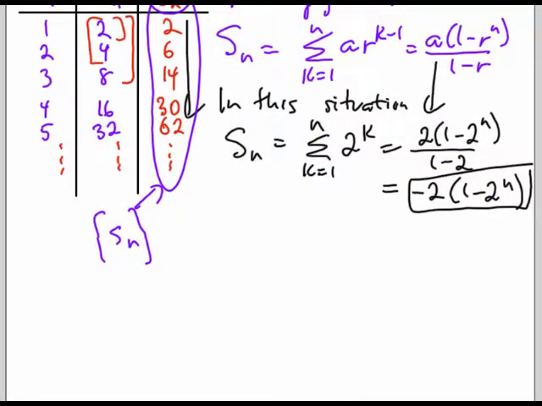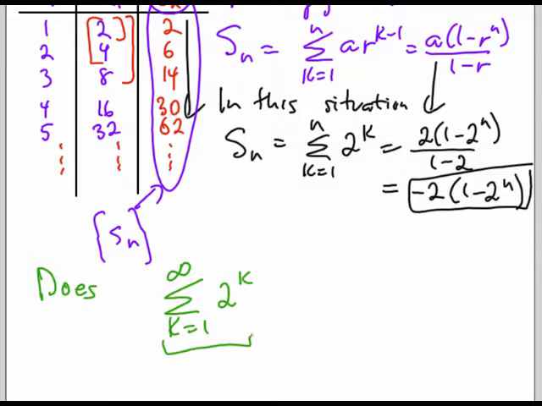Alright, so in terms of the big question, does the infinite geometric series converge or diverge? Remember, this is equivalent to asking ourselves, does the limit of the sequence of partial sums diverge or converge?